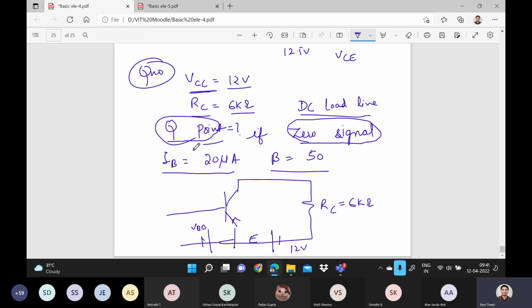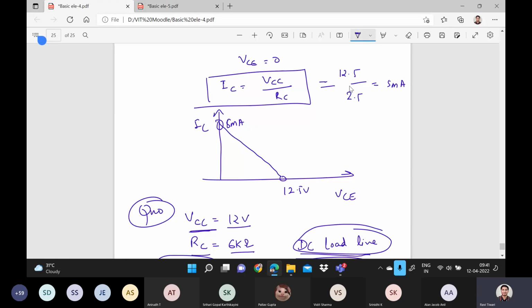No. For drawing the DC load line, how you are drawing? You have to connect the x-axis and y-axis. When your IC is equals to 0, right? And in this condition, when VCE is equals to 0, this is the y-axis, no? This is the x-axis, right? And this is the value of IC. So if you want this point, how you will get this one?